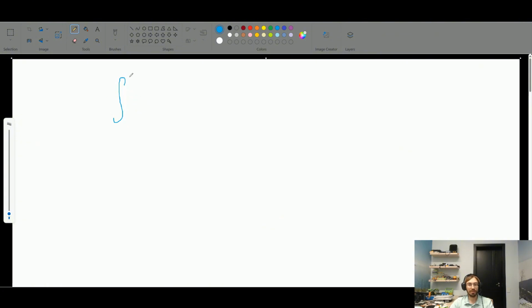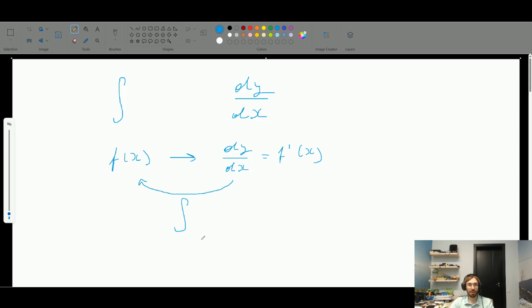So integration is the opposite action to differentiation. You can take a derivative, this is dy over dx, and if you have a function, let's imagine that you have f of x, you can take the derivative, so you get dy over dx, which is the same as f dash of x, and if you want to go backwards to that function, you need to do integration.